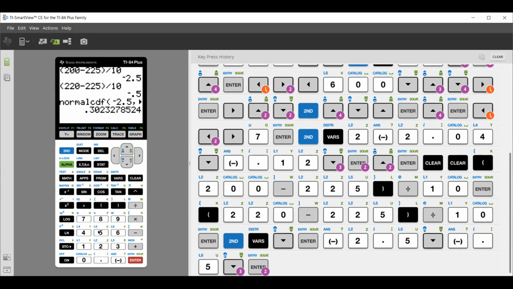And I get 0.3023. 0.3023 is my answer there.